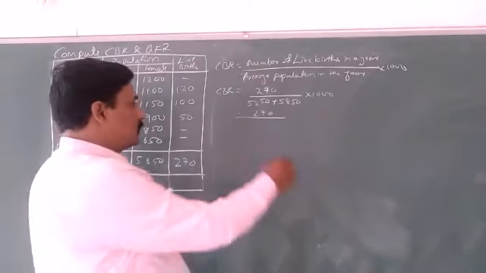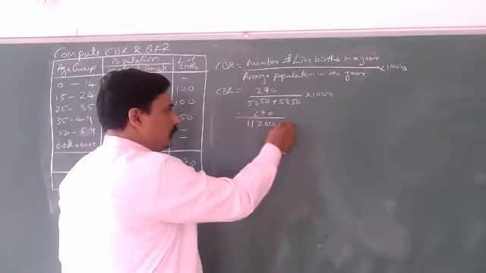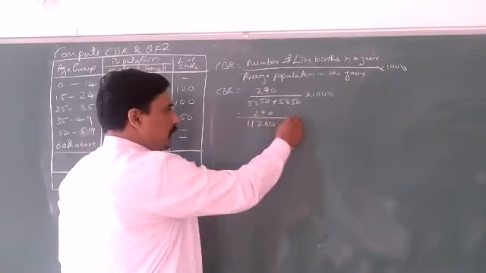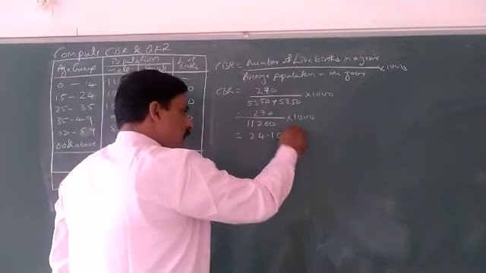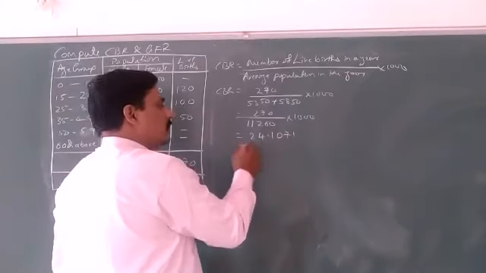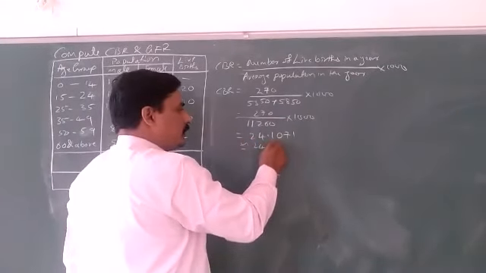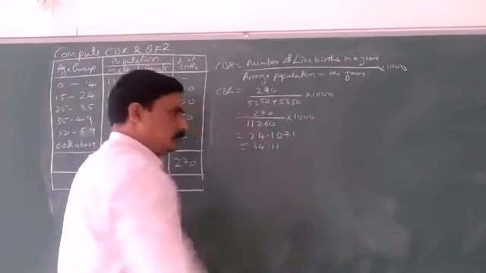The total becomes 11,200, into 1000. So finally 270 divided by 11,200 into 1000, we get 24.1071, which is approximately 24.11.